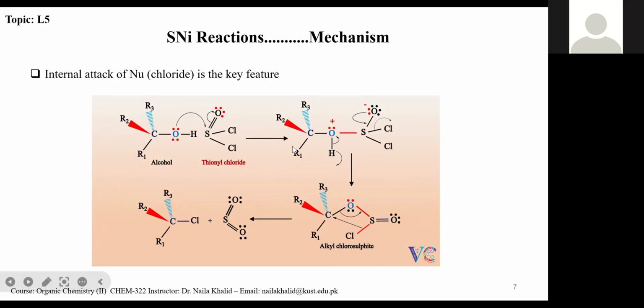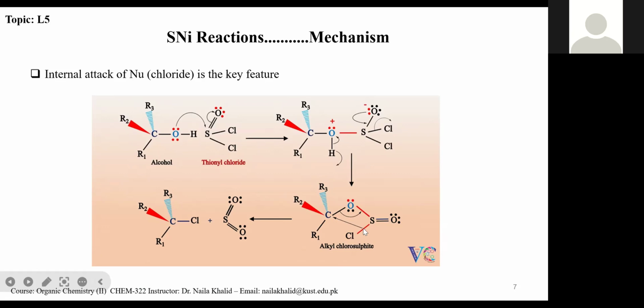The formation of this intermediate, this step, is the slow step, and it is also known as rate determining step. And then what will happen here? This chloride, which is present inside this molecule, is acting as an internal nucleophile.